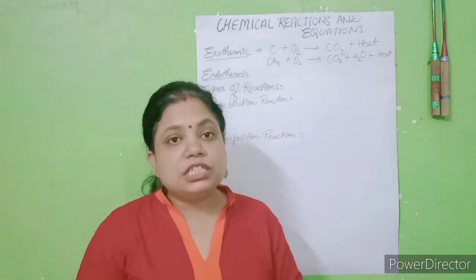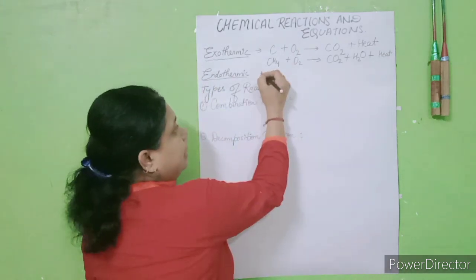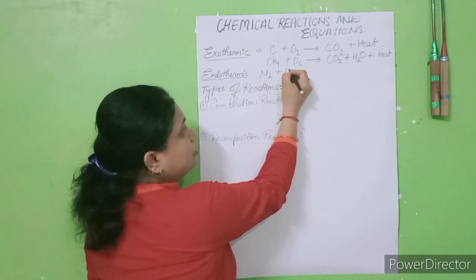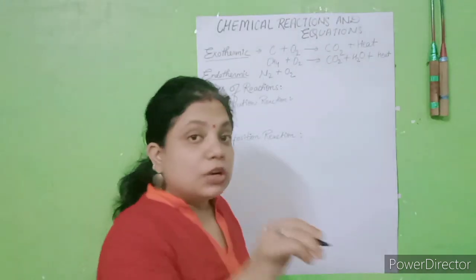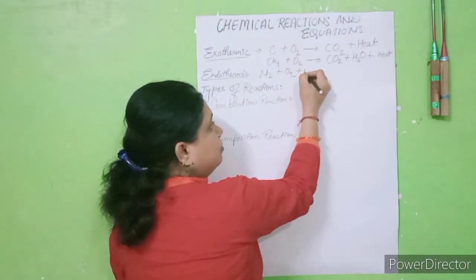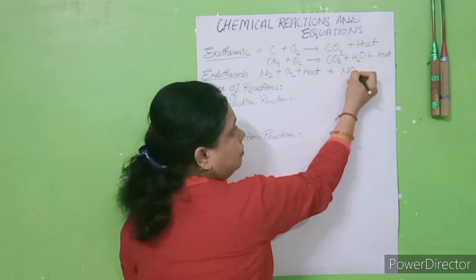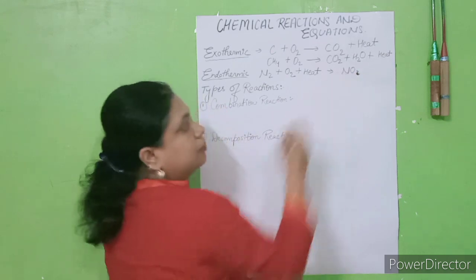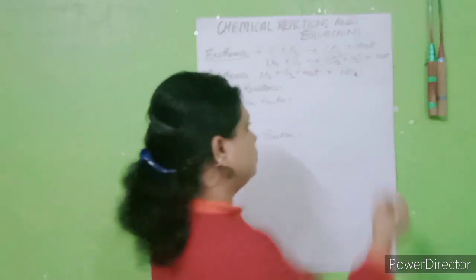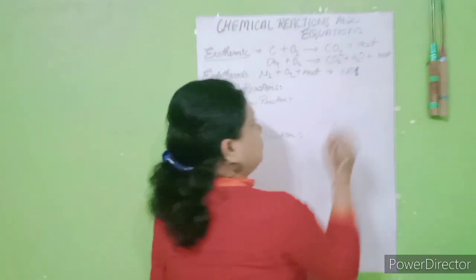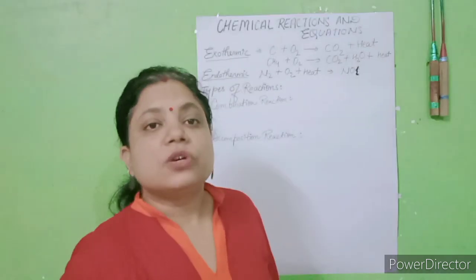For example, students, suppose I take N2 plus O2, which are gases, so it requires heat, plus heat I have written, and it forms NO gas, okay, which is nitric oxide gas.